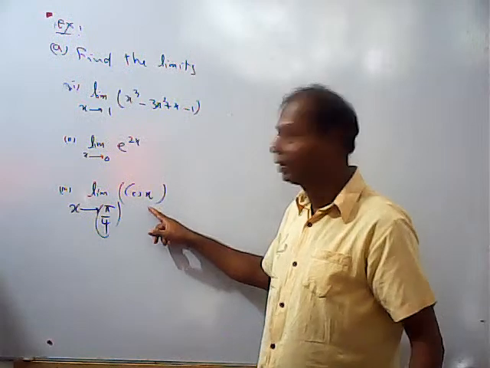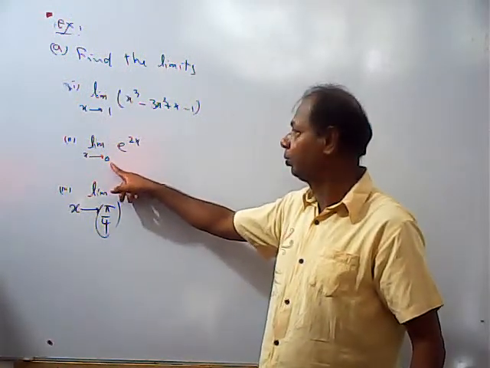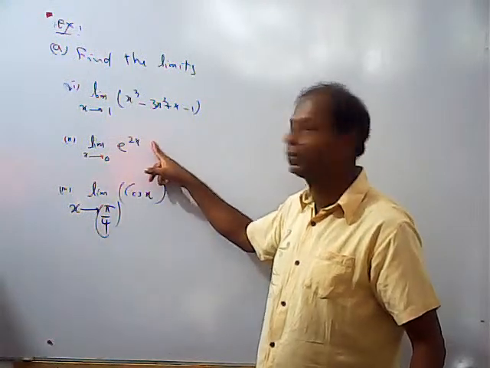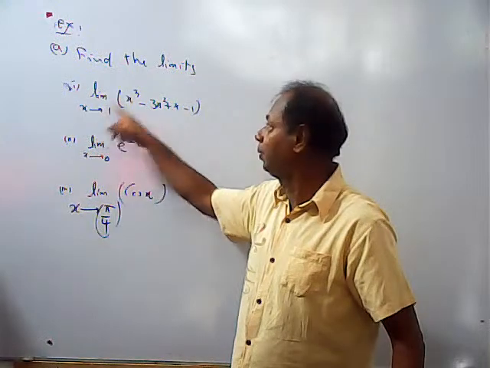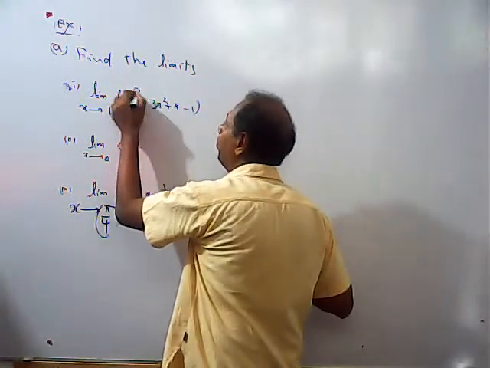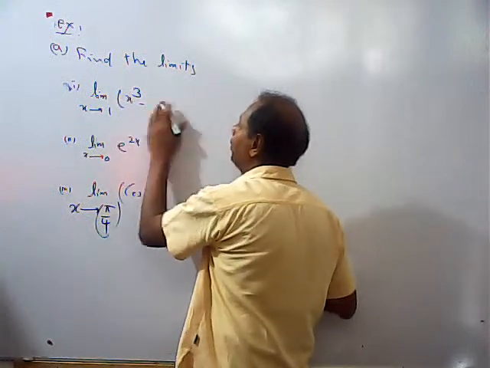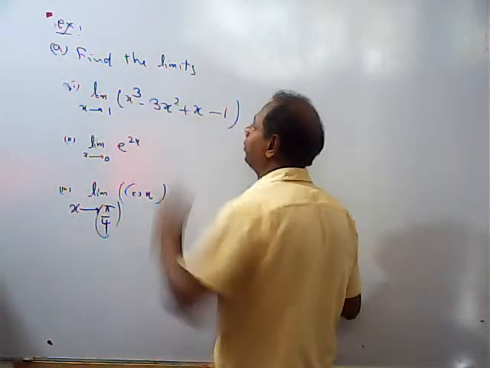Right. So this one, x goes to 1, x cubed minus 3x squared plus x minus 1.